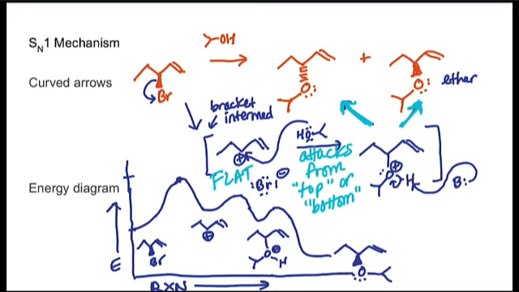So we've tracked through the entire reaction. We're seeing that there are two positively charged intermediates. The first one is a carbocation intermediate. The second one is a positively charged oxygen on our intermediate.